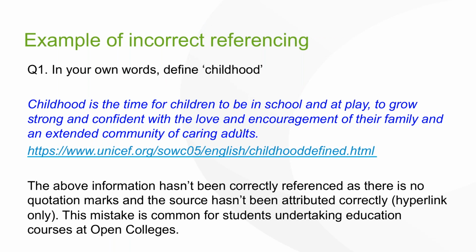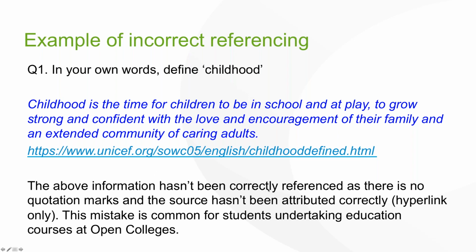So here's an example of incorrect referencing. So question 1, in your own words, define childhood. Childhood is the time for children to be in school and to play, to grow strong and confident with the love and encouragement of their family and extended community of caring adults. And this particular person has just put the hyperlink of where that information came from.